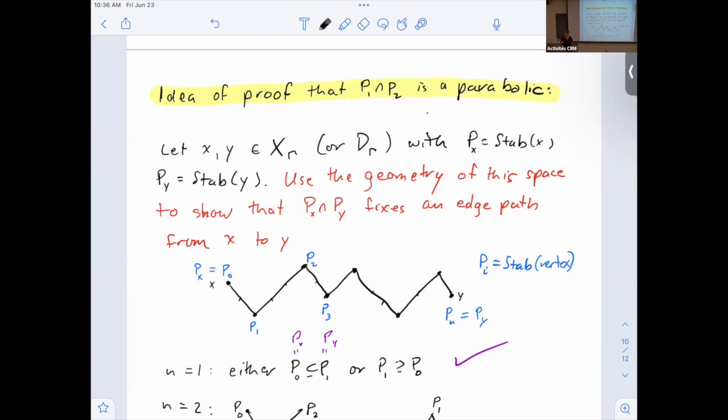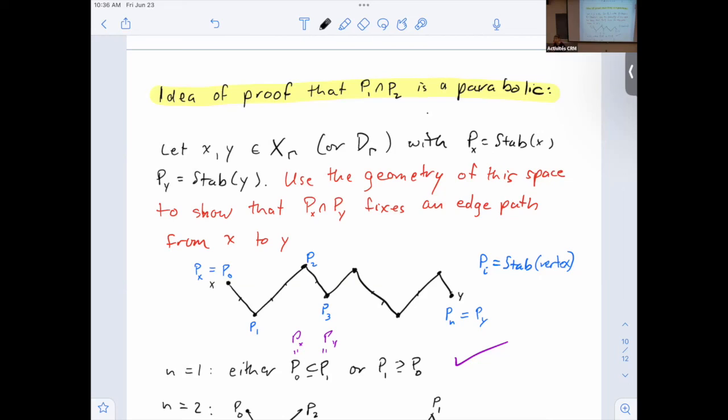Is every Artin subgroup of an Artin group a parabolic? Well, what do you mean by an Artin subgroup? Something isomorphic to some Artin group? You mean if some subgroup is isomorphic? Yeah, a subgroup that's also an Artin group.